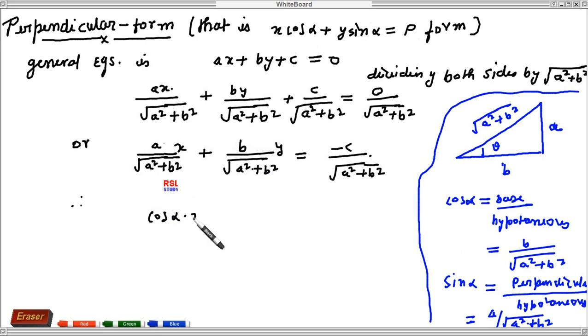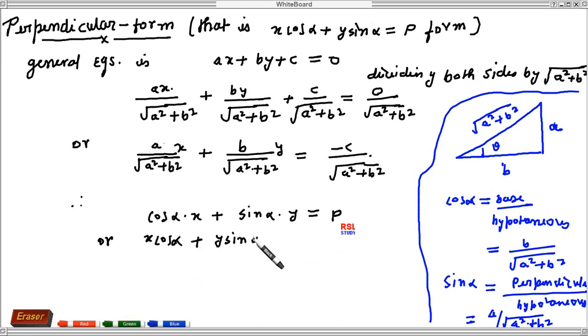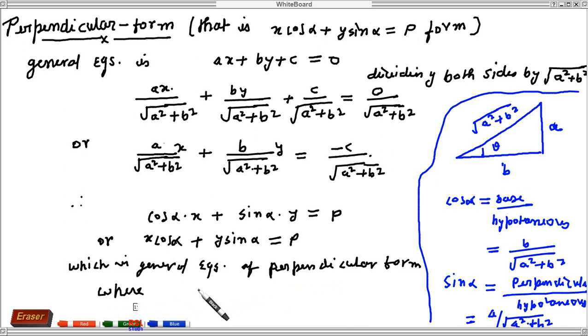So this should be cos theta and this should be sin theta, and this is minus c, and suppose that is p: x cos alpha plus y sin alpha equals p.